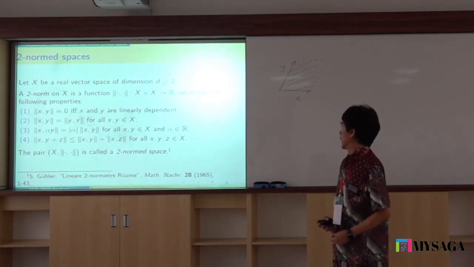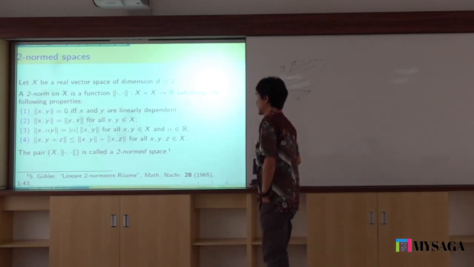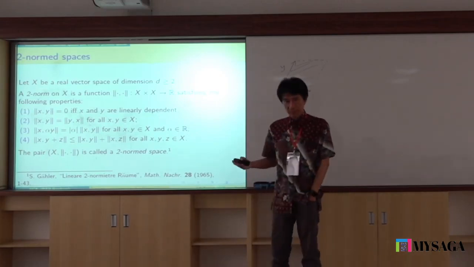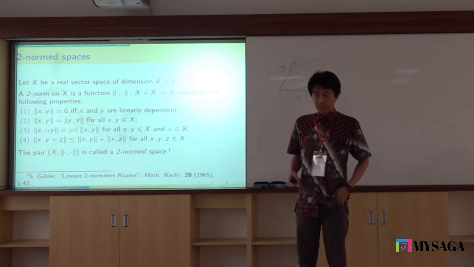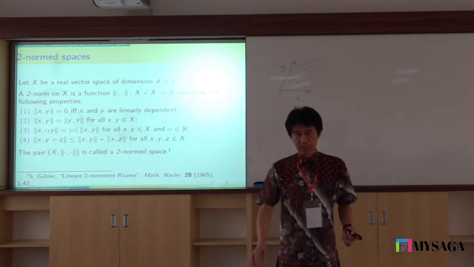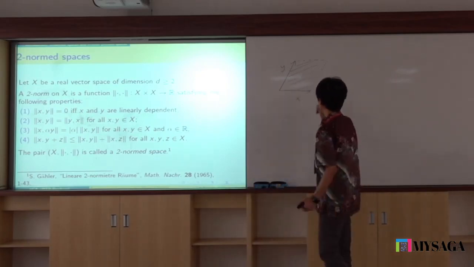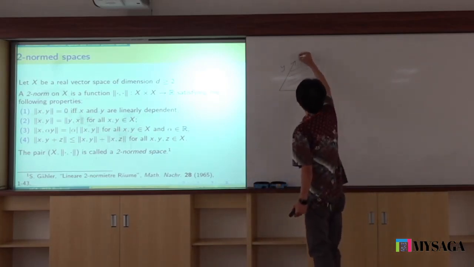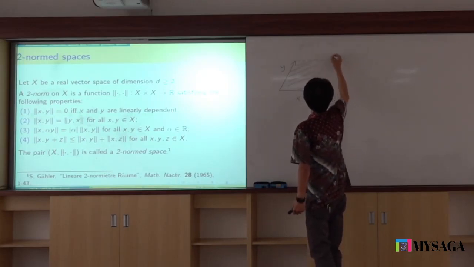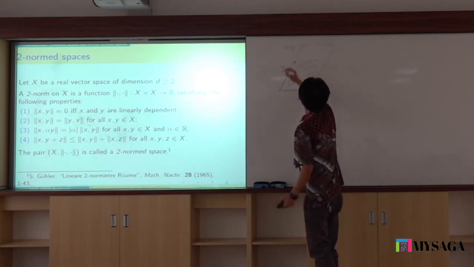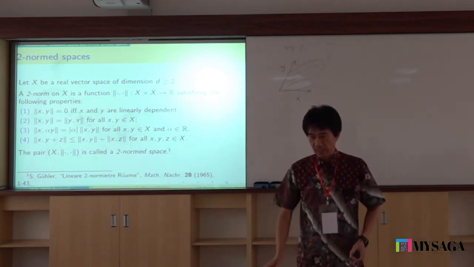The third one says that if you multiply one vector by a scalar alpha, then the area will be multiplied by the modulus of alpha. For example, if you multiply by 1.5 the size, then the area will be 1.5 times the original area.